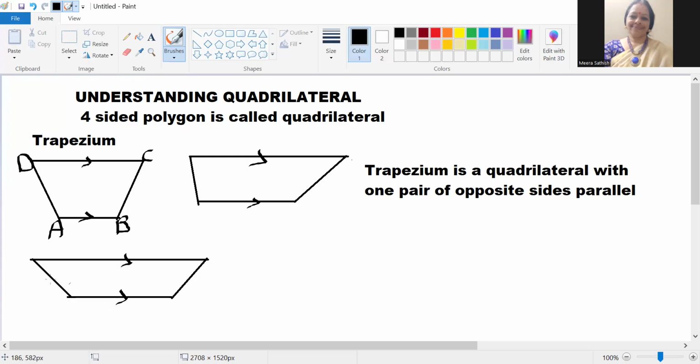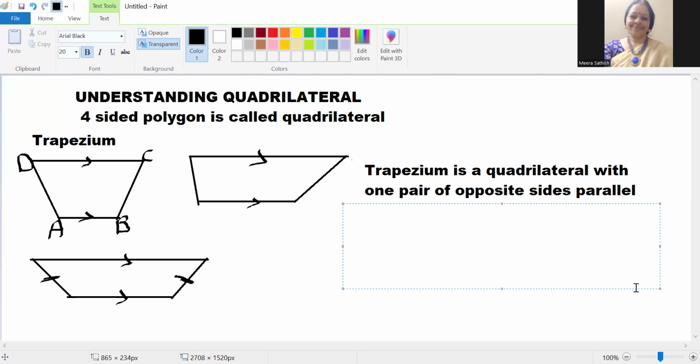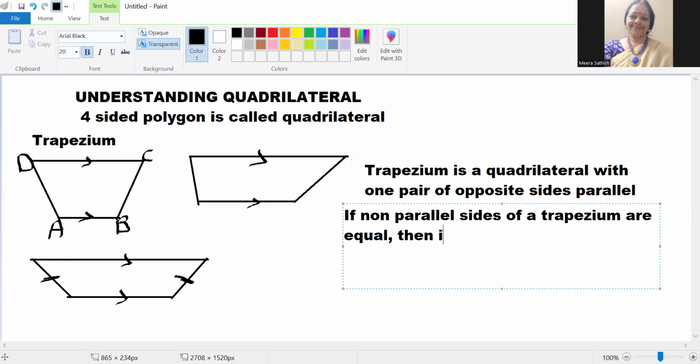In this figure, if these two non-parallel sides are equal, we call this trapezium an isosceles trapezium. If the non-parallel sides of a trapezium are equal, then it is called an isosceles trapezium.